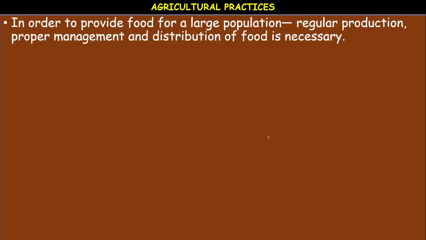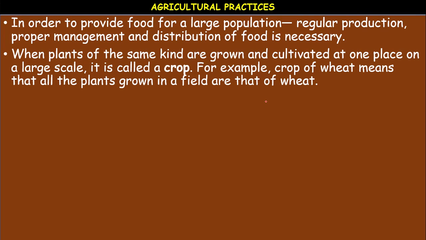So, agricultural practices. In order to provide food for a large population, regular production of food, the proper management and distribution of the food is necessary, isn't it? When plants of the same kind are grown and cultivated at one place on a large scale, what happens?